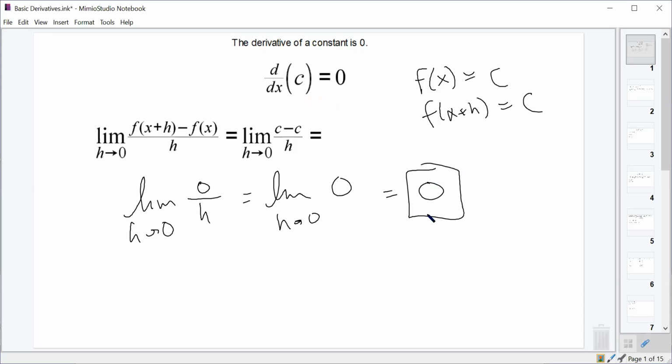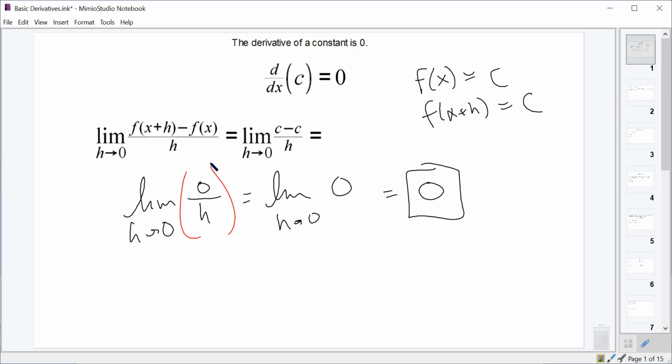Good or no? Wait, how is it 0 again? Which part? There are a lot of zeros. You're saying it's indeterminate when you plug in 0 for h, but then how do you solve it for 0? Well, I simplified 0 over h.